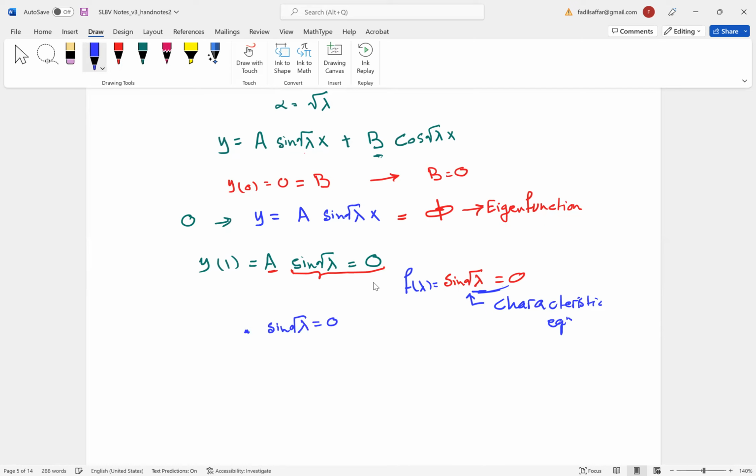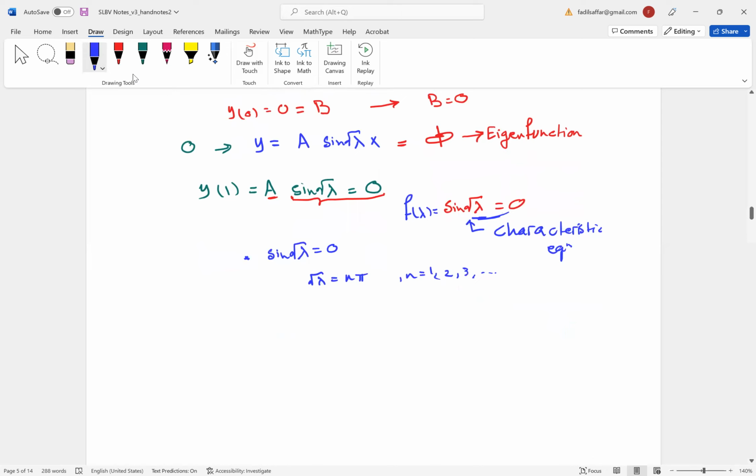The only way that the sine will be 0 is if the square root of lambda equals n pi, where n equals 1, 2, 3, and so on. And that represents our eigenvalue.